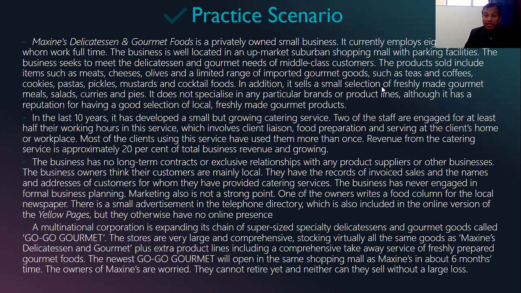The business has never engaged in formal business planning. In chapter 12, we covered corporate planning and marketing strategy. So this small business doesn't have any specific planning or marketing strategy. Or maybe you could remember the set of goals and objectives we talked about.